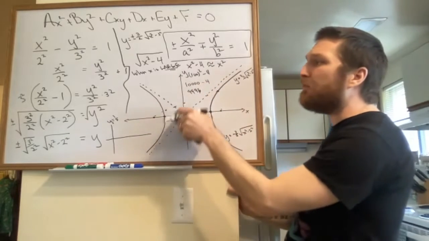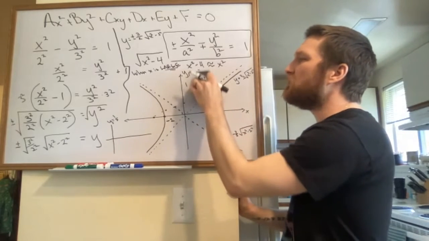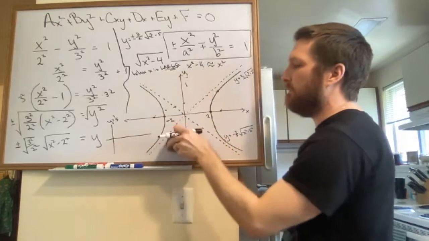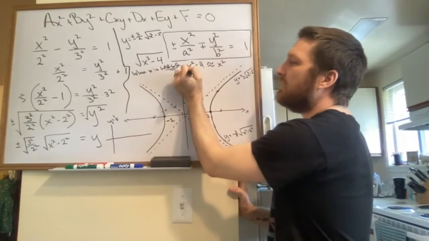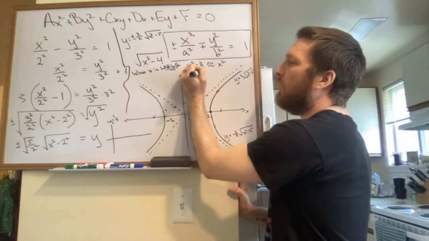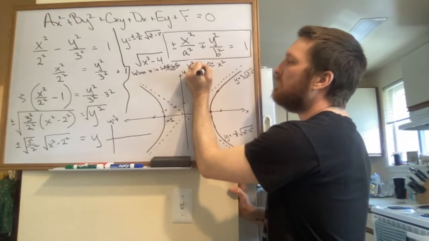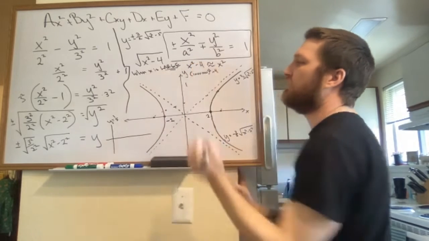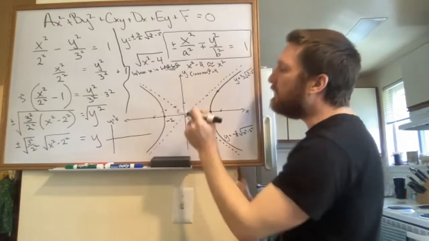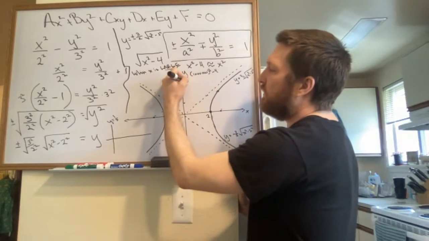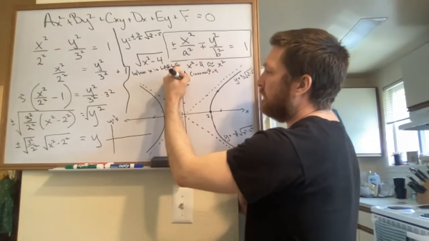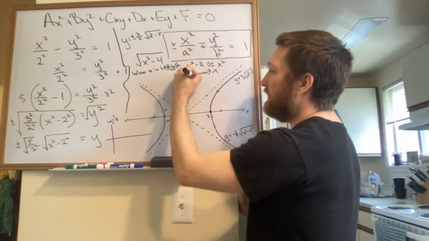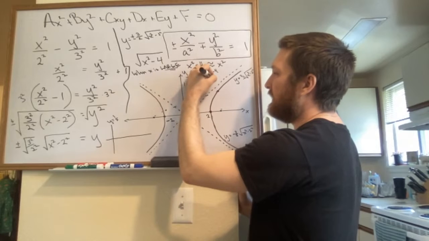And the difference gets even smaller the bigger you get. Like if I plugged in, say, 1,000,000. 1,000,000 squared minus 4. Well, 1,000,000 squared would be a 1 with 12 zeros after it. 1, 2, 3, 4, 5, 6, 7, 8, 9, 10, 11, 12.